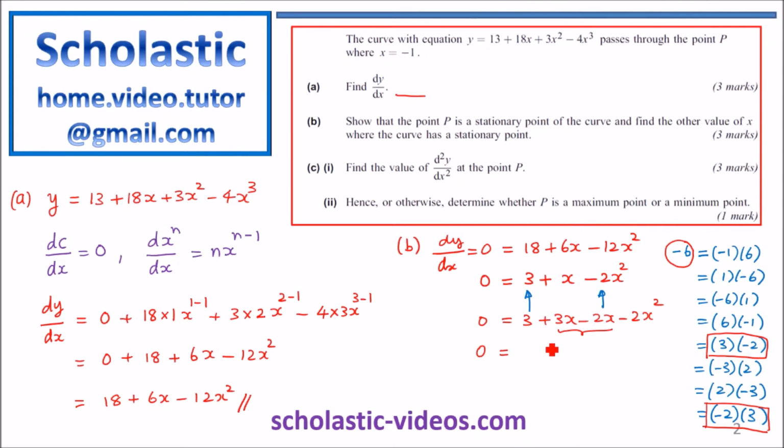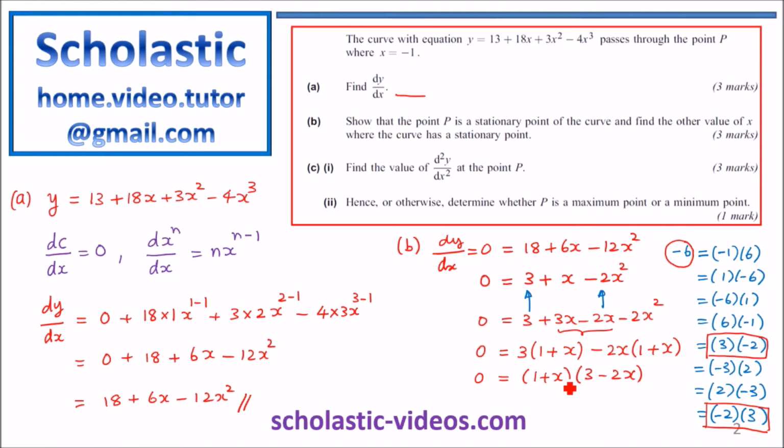In 3 plus 3x, 3 is a common factor, giving 3 times (1 plus x), and in minus 2x minus 2x squared, minus 2x is common, giving minus 2x times (1 plus x). So we can take 1 plus x out, leaving 3 minus 2x. These are the two factors of this quadratic equation.